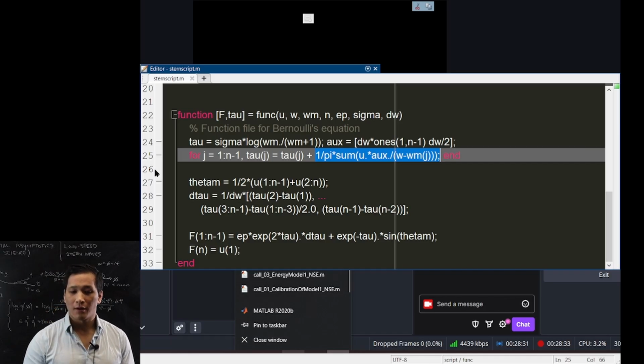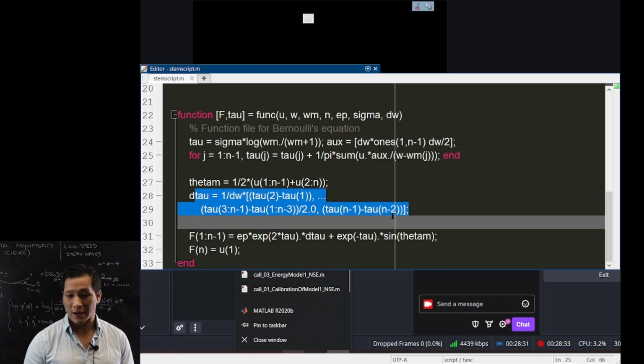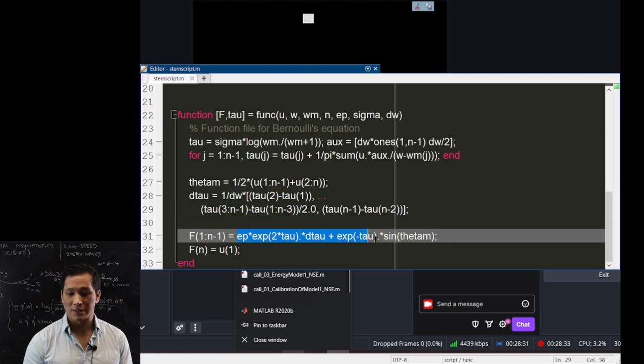Then you define the derivative of tau, which gives you the derivative of q, and then you form Bernoulli's equation here. It's written in slightly different notation, but this is to be read something like epsilon q squared q prime plus sine of theta is equal to 0.